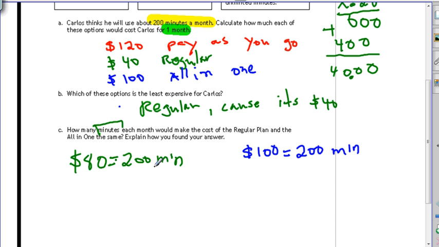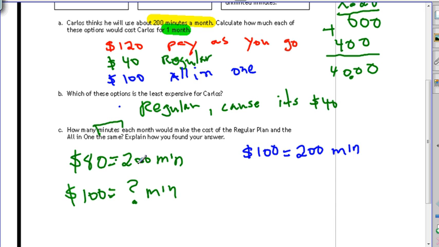And I'm almost really close to $100. So how much more could I get for $100? So $100 is question mark minutes, right?